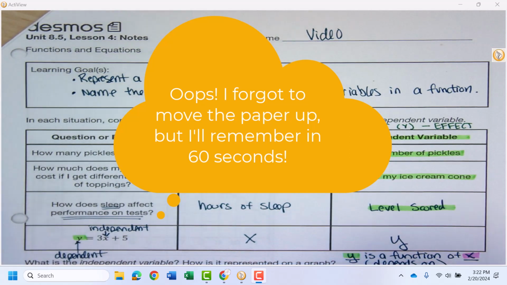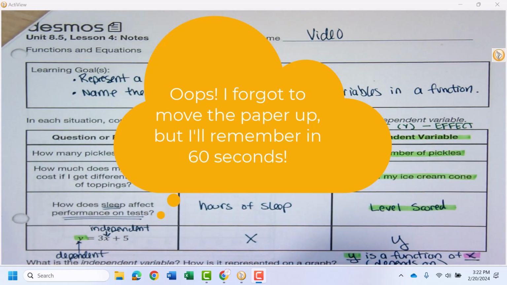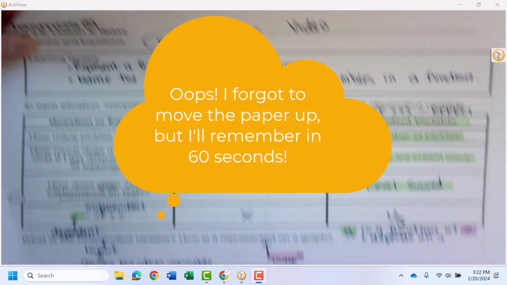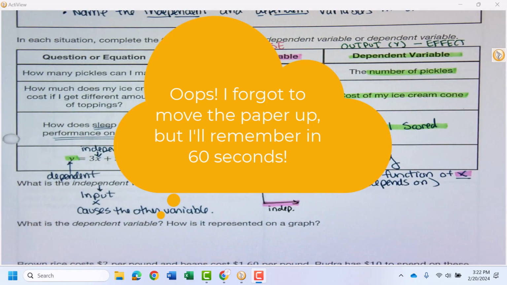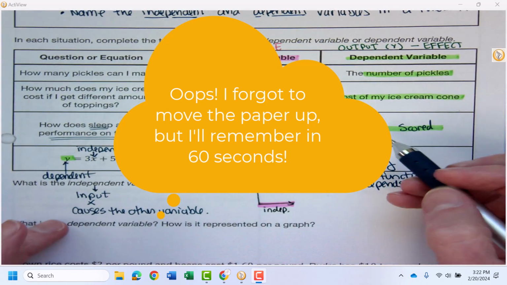And on a graph, it's x, or the x-axis. So that's our independent variable. And that's where our input goes. Sorry, I didn't realize I was off screen.